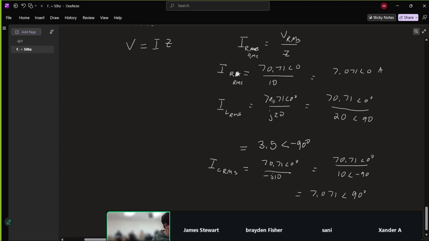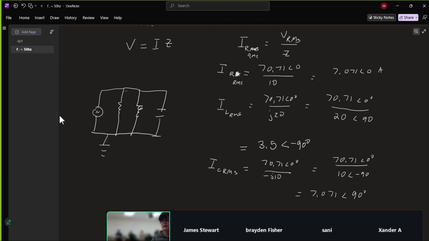Now, the way this circuit was drawn, we just found each of these currents, and it's asking for the source current. And so by KCL, we know that all of these currents have to add up to be the source current.